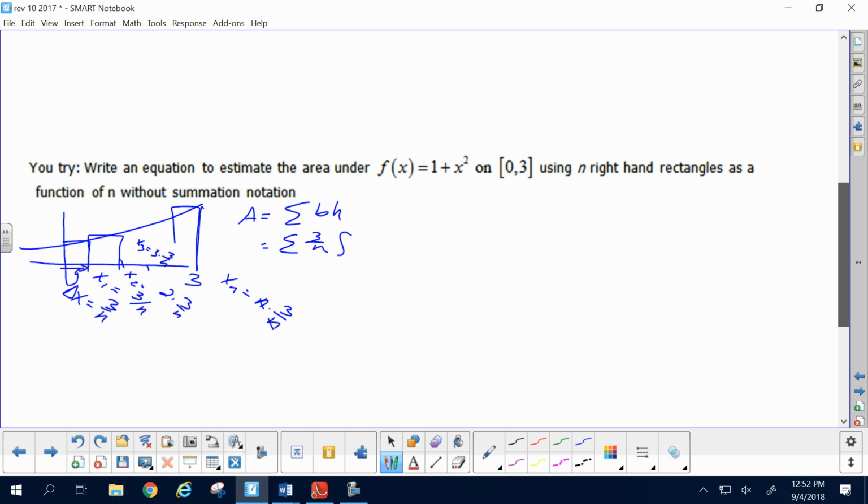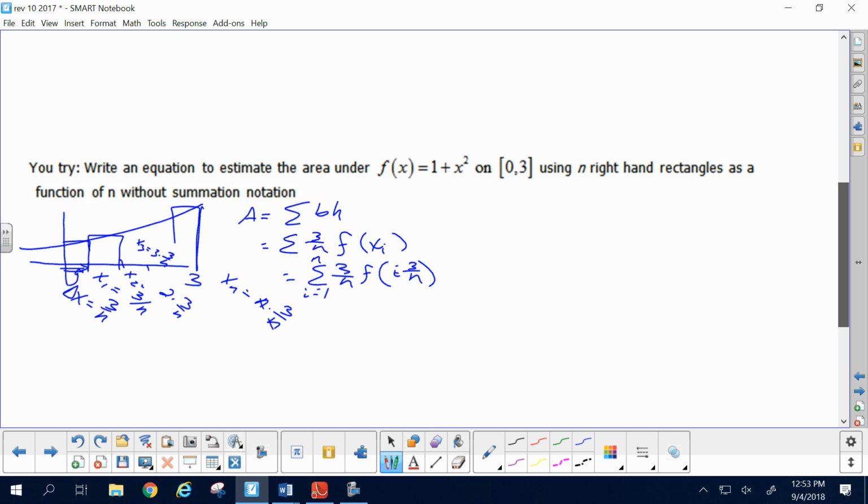Therefore, the heights are f at different x's, and those different x's are just some multiple of 3 over n's. 1 3 over n, 2 3 over n's, 3 3 over n's. I is counting; we start at 1 3 over n, so i starts at 1 and ends at n. All right.